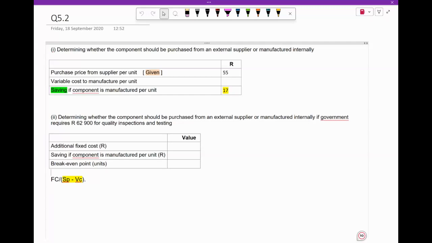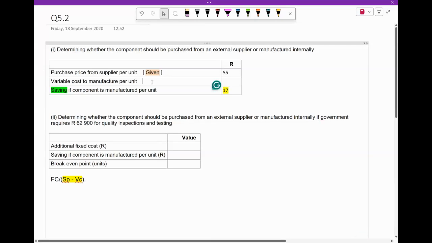So number one, determine whether the component should be purchased from an external supplier or manufactured internally. They've given us the guaranteed price. Then we ask, what is the variable cost of manufacturing this component per unit? So we go to that table and ask, what are our variable costs?